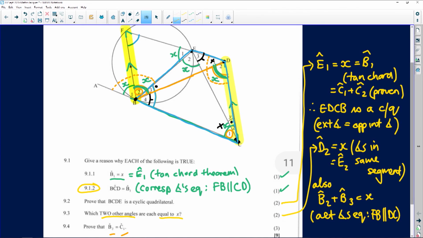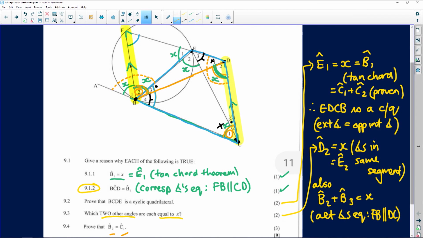Now, folks, if you look very carefully at what we've got, we've got B2 plus B3, this whole angle here, equal to C1 plus C2 over there. But B3 is equal to C2, angles in the same segment. Therefore, C1 must equal B2.